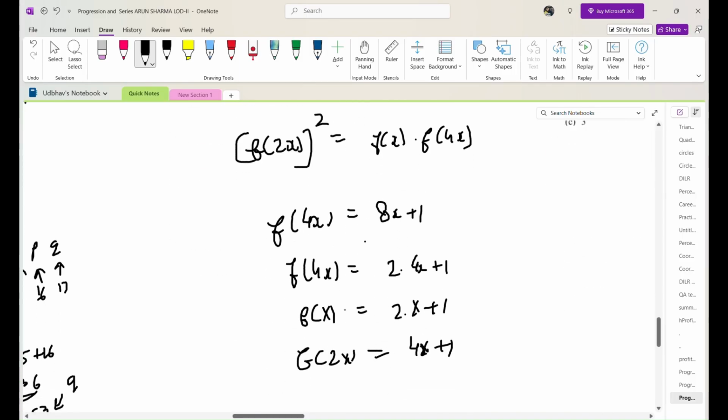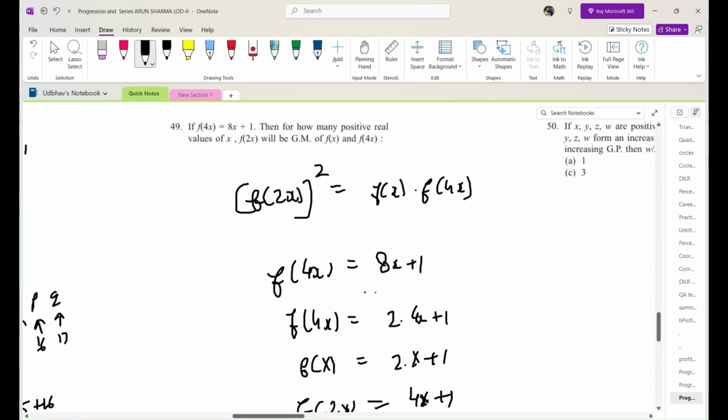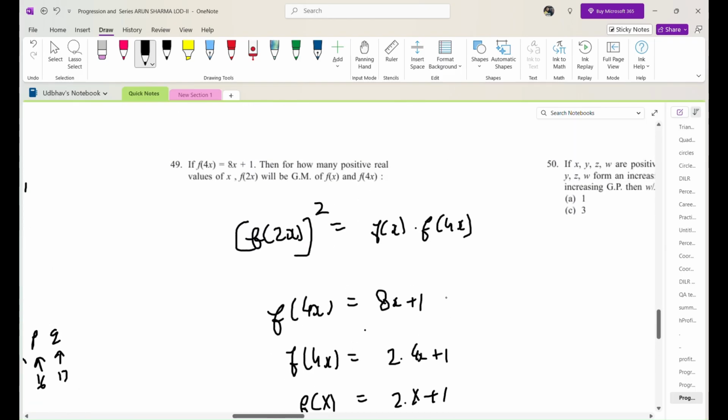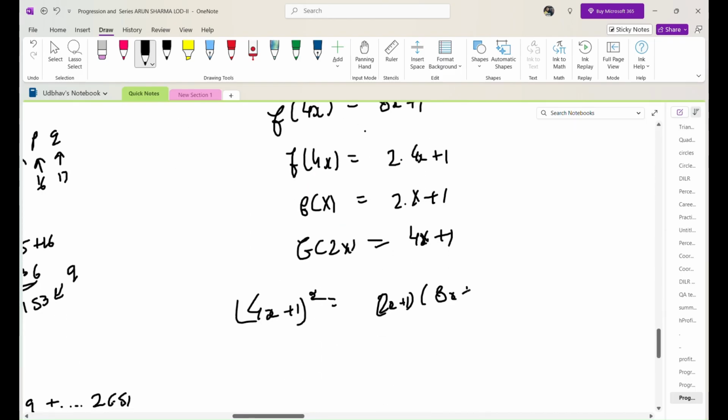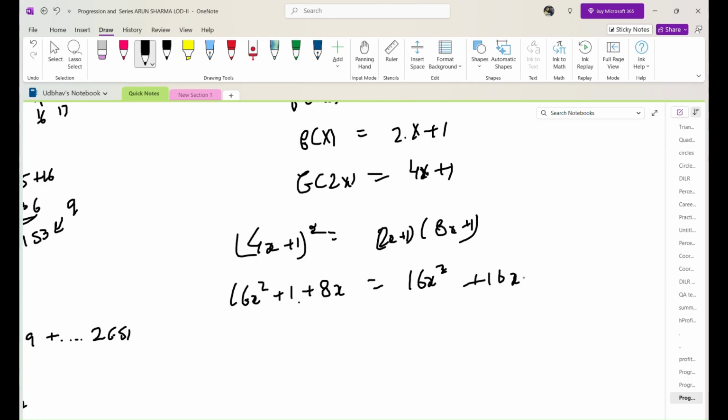Now just put these equations there: 4x plus 1 whole square equals 2x plus 1 into 8x plus 1. So we can solve this. 16x square plus 1 plus 8x equals 16x square plus 10x plus 1.